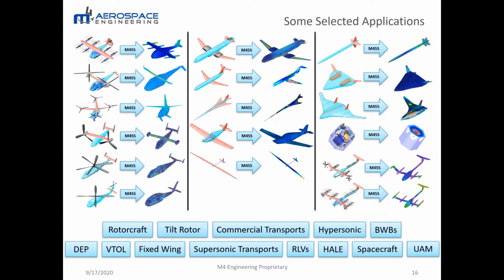And then on the right side, you can also see some missile rocket concepts as well as some blended wing RLV applications and even satellites, along with the Uber configurations as well. So lots of different applications we've looked at with this tool set.